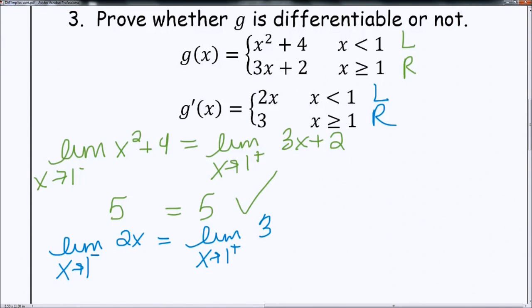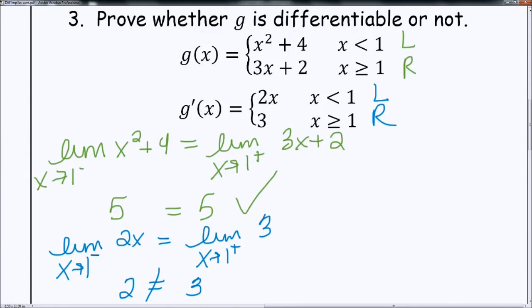So if I plug in, I'm going to get 2 on the left-hand side. I'm going to get 3 on the right-hand side. And so although it's continuous, it's not differentiable. My two slopes are not equal to each other. I have a slope of 2 on the left-hand side and a slope of 3 on the right-hand side.